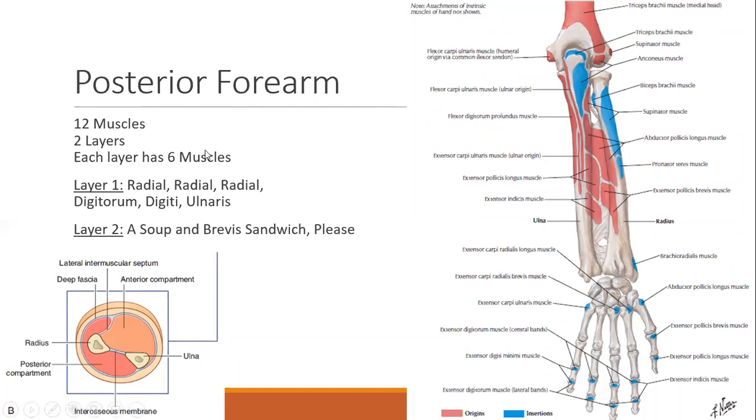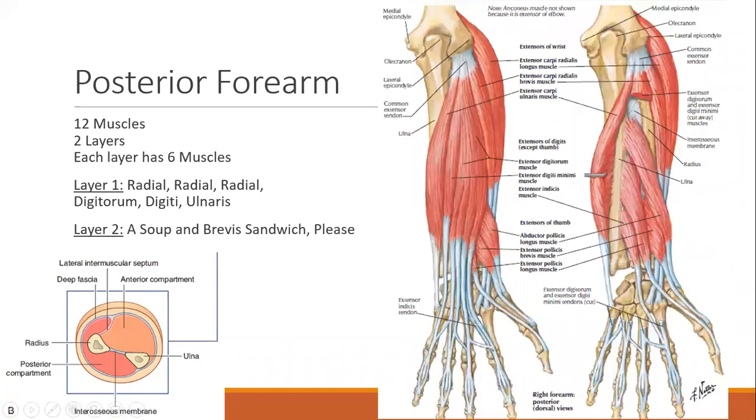So 15 to 20 minutes giving you good practice, good mnemonics to learn the muscles of the anterior and posterior forearm, as well as the hand. He goes into hand stuff too. So layer 1 is radial, digitorum, digiti, ulnaris, versus layer 2 is a supinator, brevis, sandwich, please. So we'll get into the specifics in just a sec.